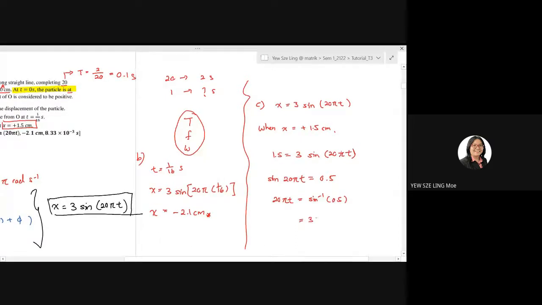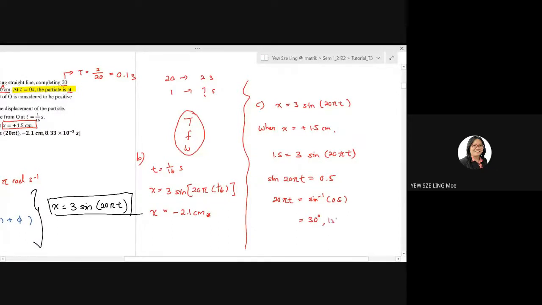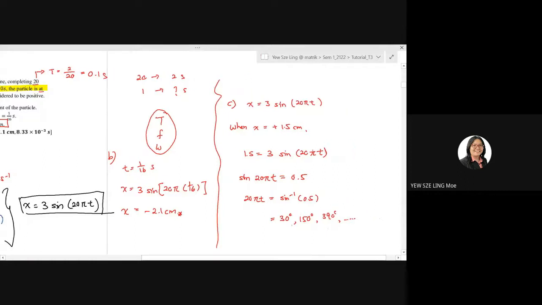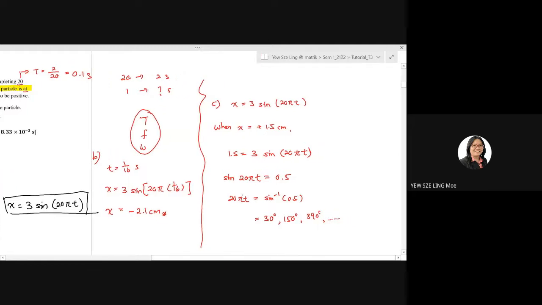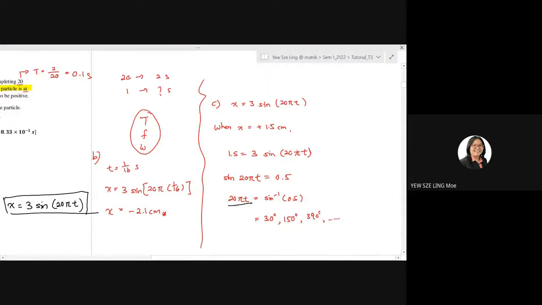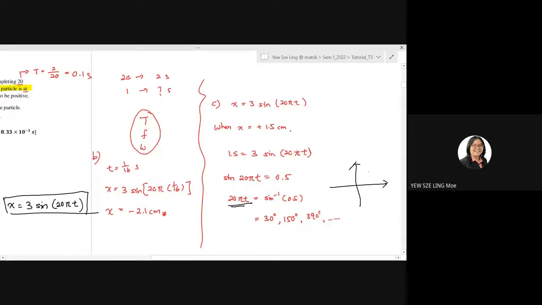It is equal to 30 degrees, and then 150 degrees, 390 degrees, and so on. So how do I know it's 30 degrees, 150 degrees, and then jump to 390 degrees? If you recall, when the value is a positive sine value, the angles would be located in the first and the second quadrant.